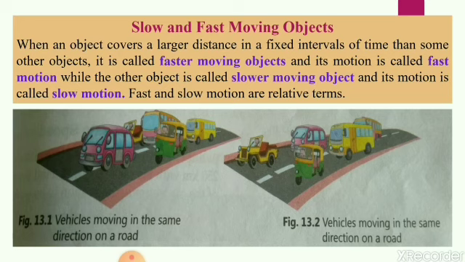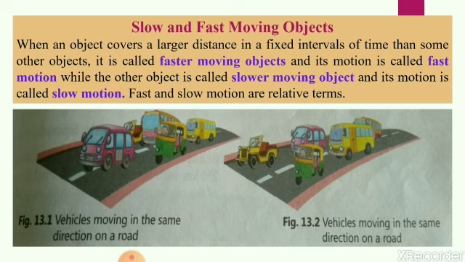And it may also be possible that time is fixed and distance is not fixed. Suppose both bicycle and bus are given only 5 minutes. It means that time is fixed, but they will cover different distances in these 5 minutes.